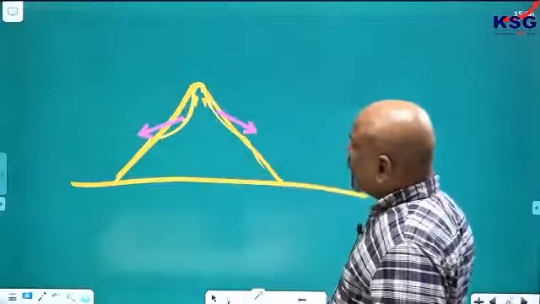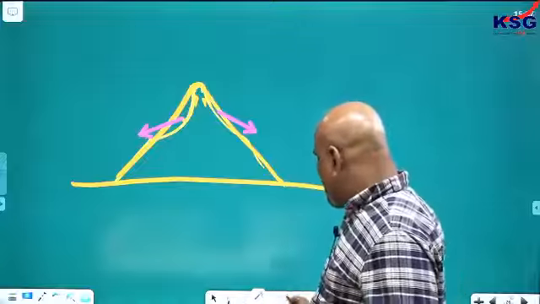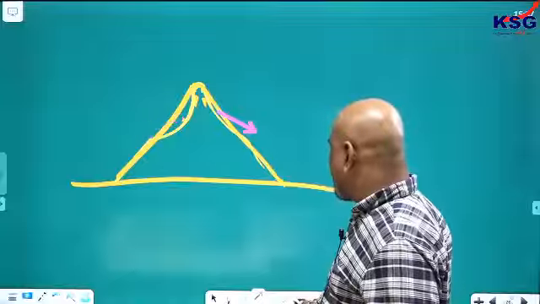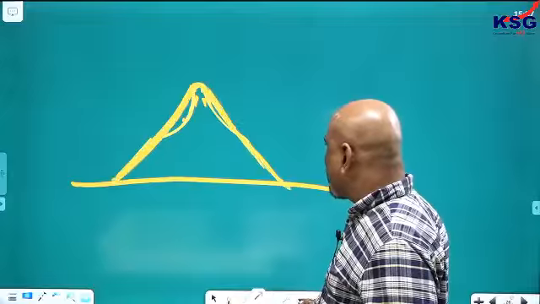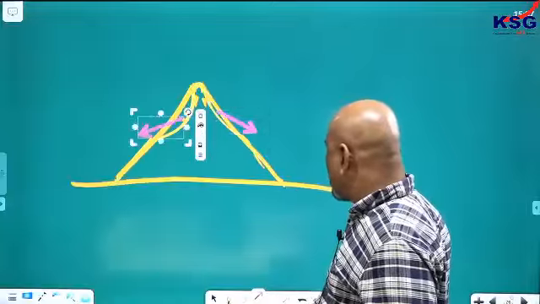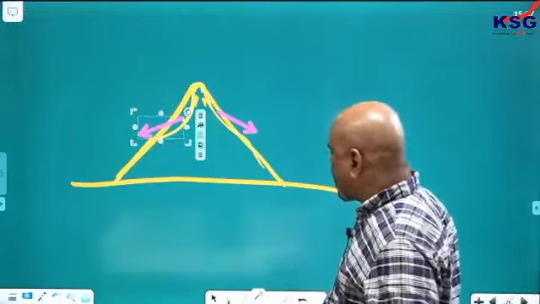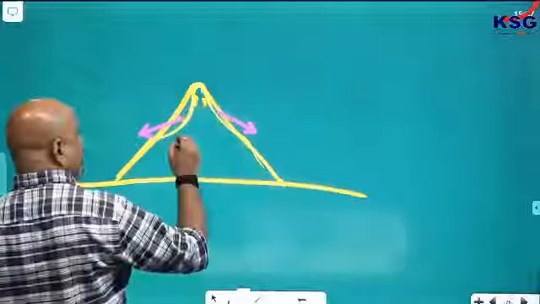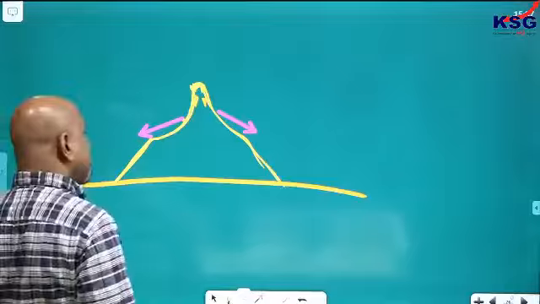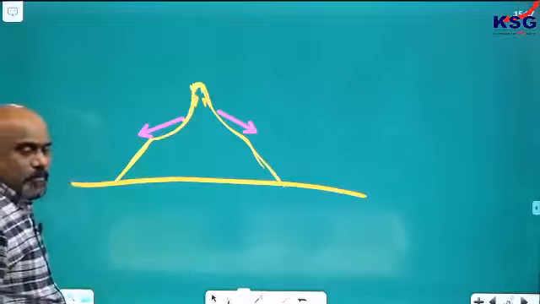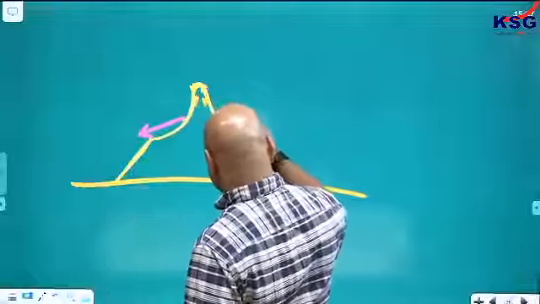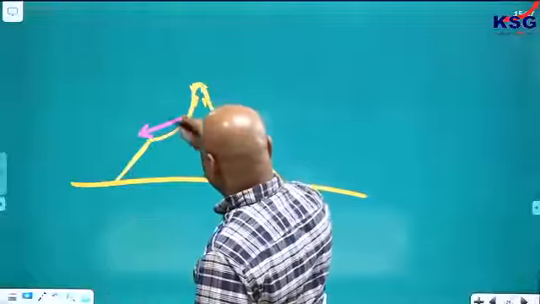Look, the glacier will cut from both sides here, and the valley which forms will be like this finally. So here is a U-shaped valley on this side. Here you have a U-shaped valley.